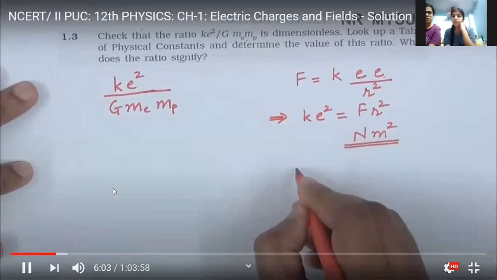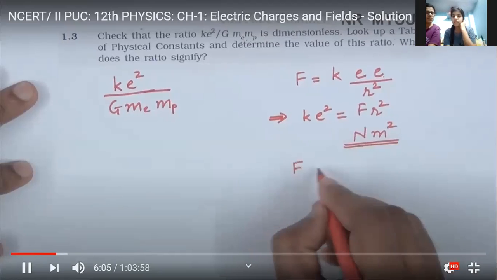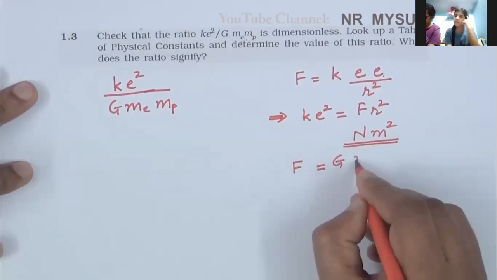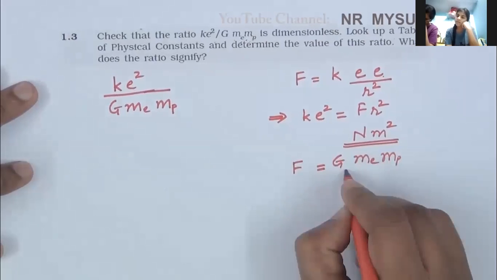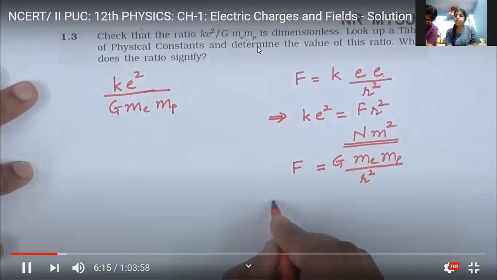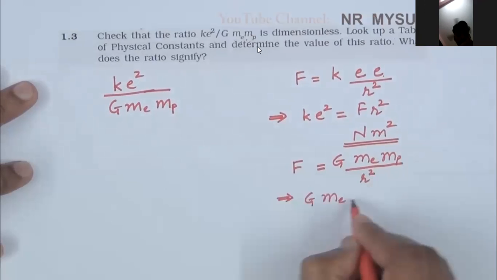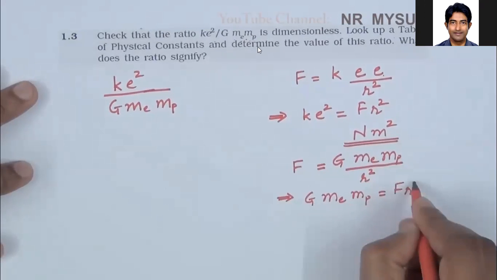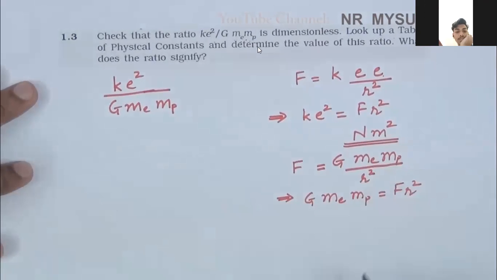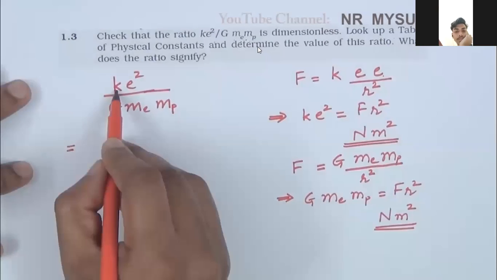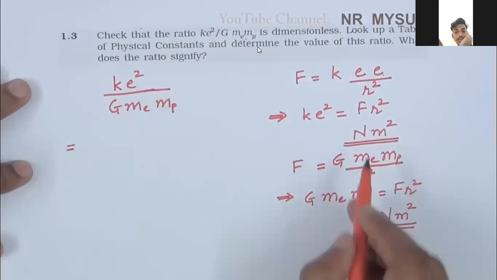Similarly, gravitational force between two masses is capital G times mass of electron times mass of proton divided by distance squared, which implies G m_e m_p equals F r squared. Again, Newton meter squared. Unit of k e squared is Newton meter squared.